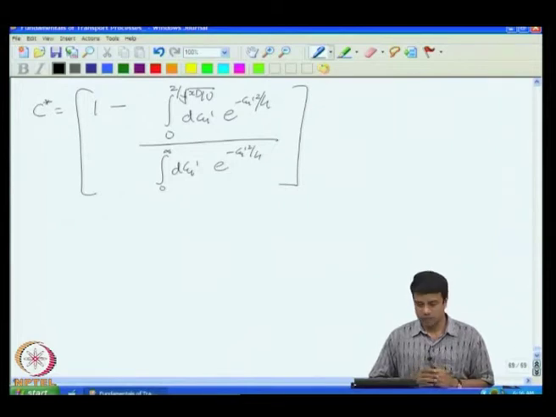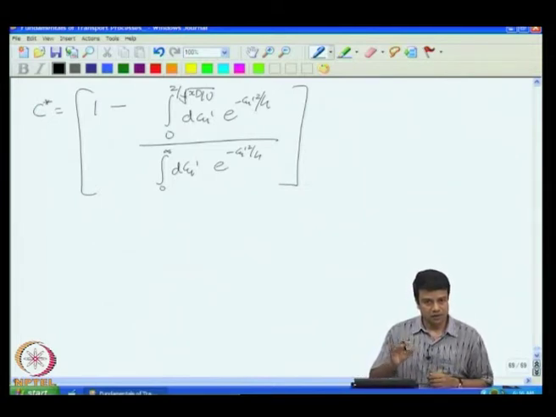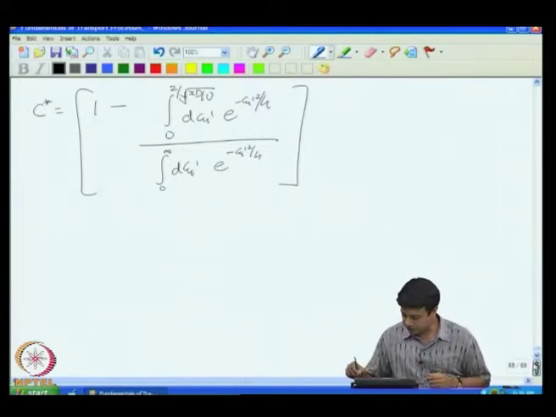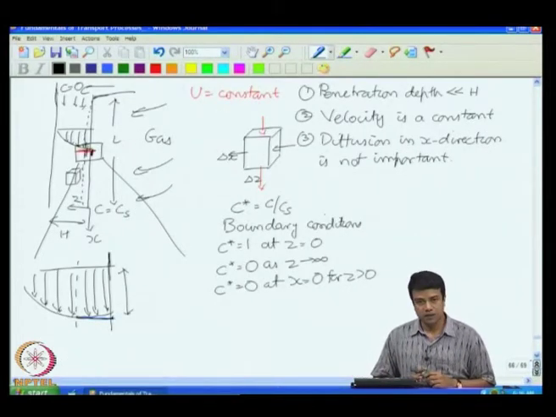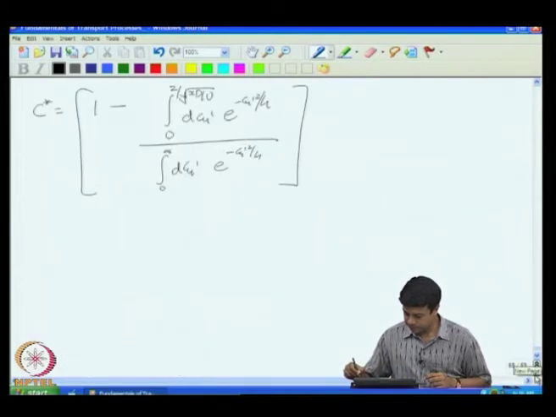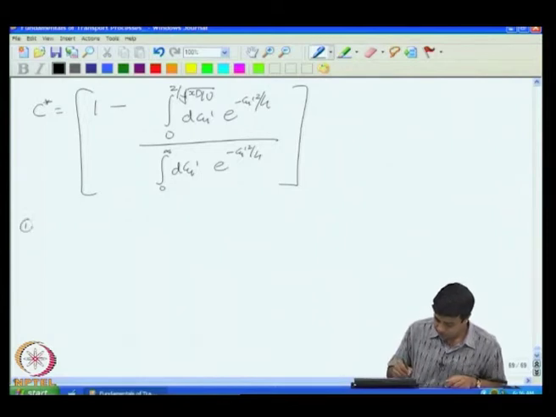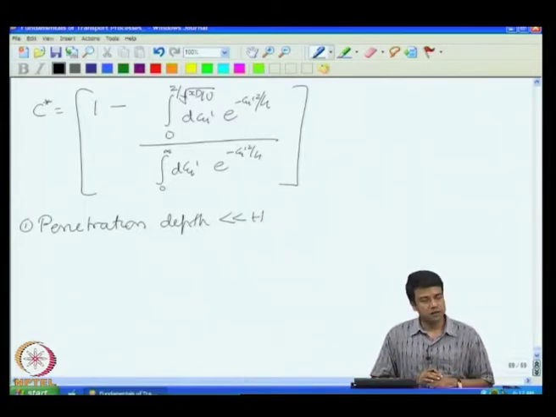So, we solved this problem making various assumptions. Now is the time to check all those assumptions, in order to prescribe the parameter regimes where this solution will be valid. Assumption number 1: penetration depth is small compared to h. In the previous case, the penetration depth was square root of d times t.